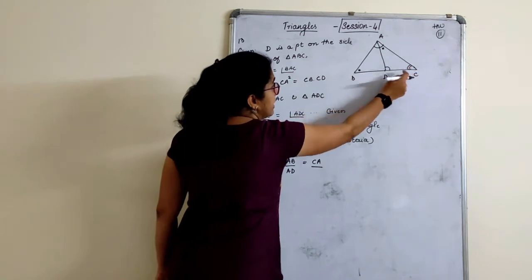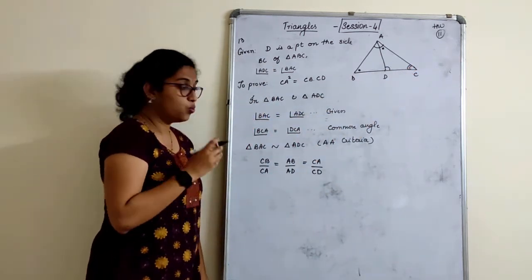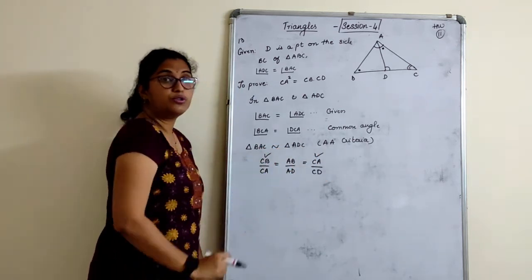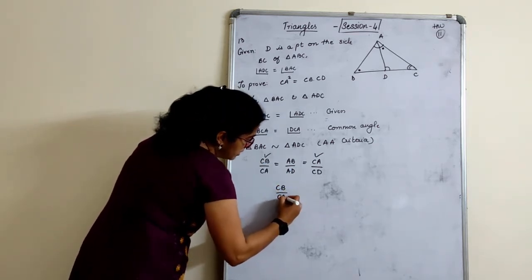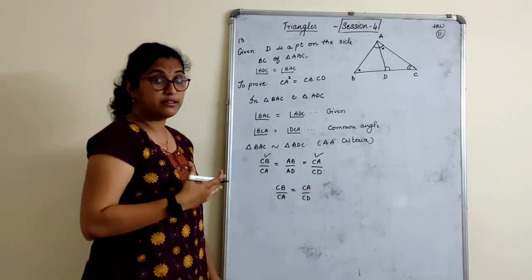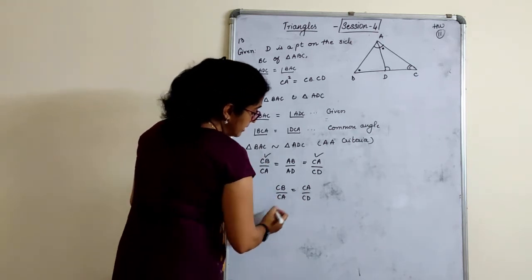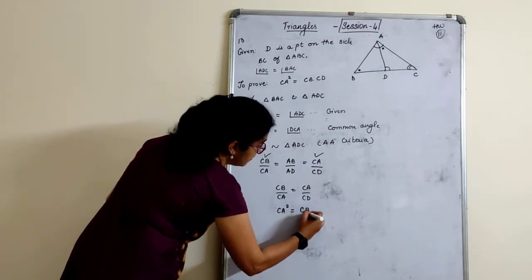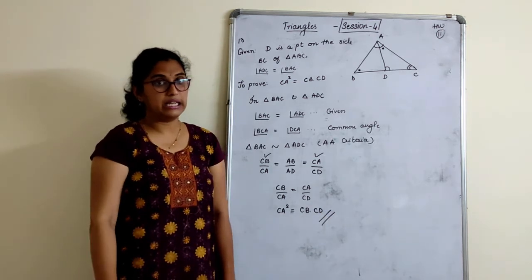So for this angle, it is CD. Now just see here, which are the things which are repeating? First one, second one. We don't require this part. CB upon CA is equal to CA upon CD. Understood how to change the things? Otherwise write here as a third angle, left to you. Now cross multiply CA into CA. CA square is equal to CB into CD. So when you cross multiply, you will get this.